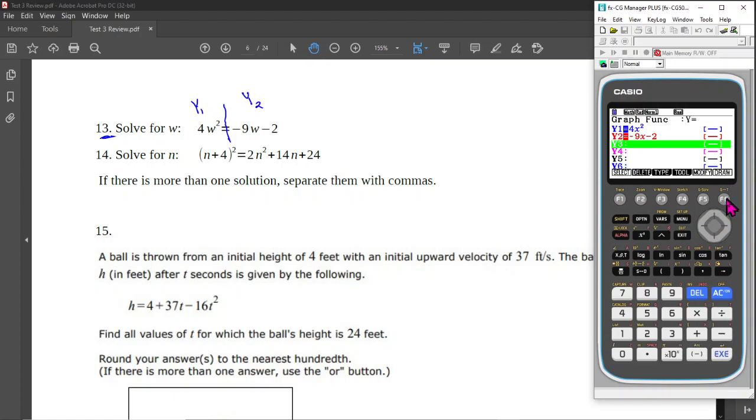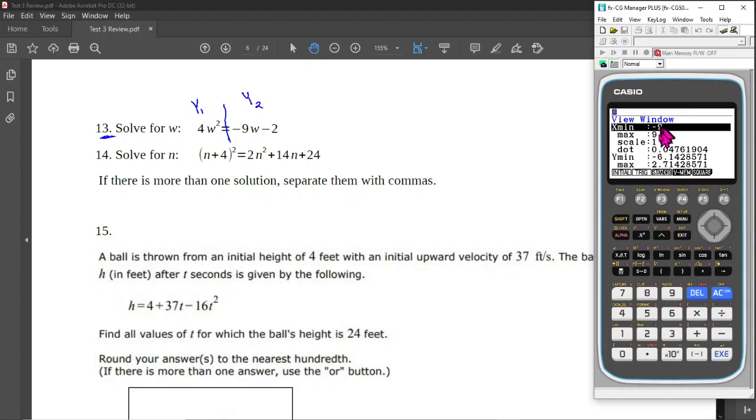We'll go to the draw and see what our window looks like. Okay, so we're a little bit out. We might want to zoom in a little bit. And how we do that is we hit shift, we do V-Window, or we do stretch. There's a couple different ways in here. Let's see, V-Window, we can manually do this.